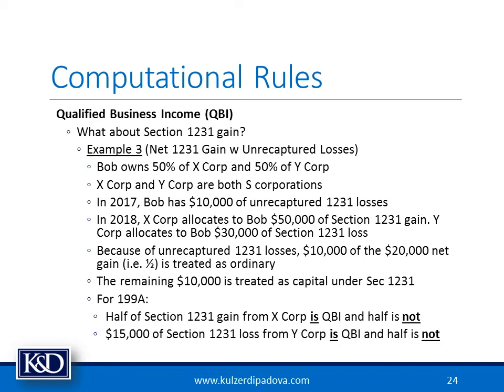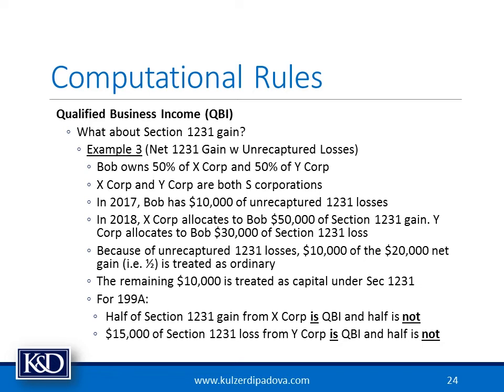I imagine in practice the numbers are not going to be so kind. So this is hopefully not too common, but for a lot of businesses that have 1231 gain, you're going to have to do this computation. 1231 gain is, in the world of QBI, not a great thing, because if you have a gain, not only is it excluded from QBI as capital gain, but it's also going to reduce the taxable income limitation.